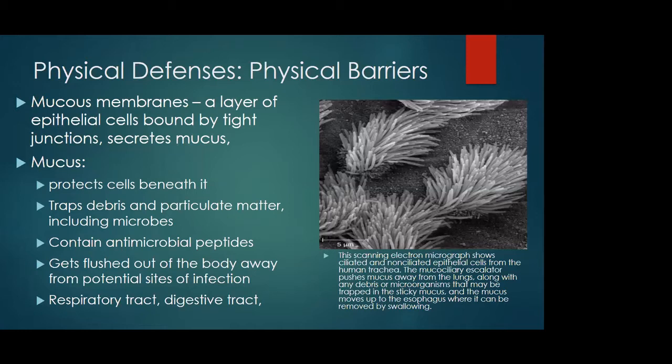Mucus is actually really beneficial in keeping pathogens out. It protects the cells underneath it. It can trap debris, particulate matter, including microbes, and kind of flush them away from the mucosa. It can contain different antimicrobial peptides, and it gets flushed out of the body regularly. So when it gets flushed out, it takes the bacteria with it, kind of like the dead skin cells do.